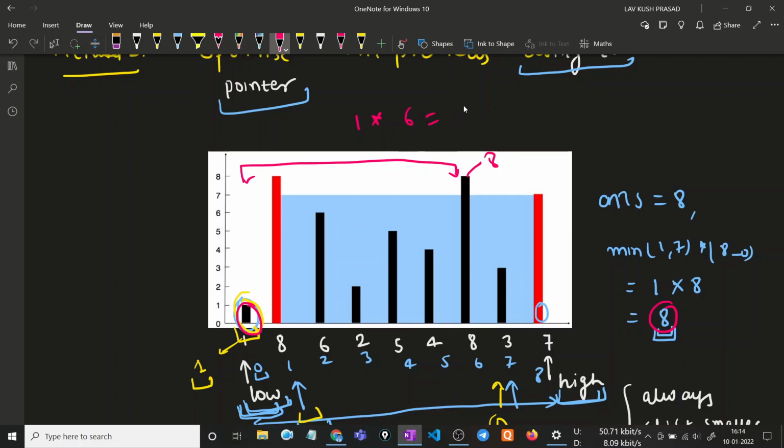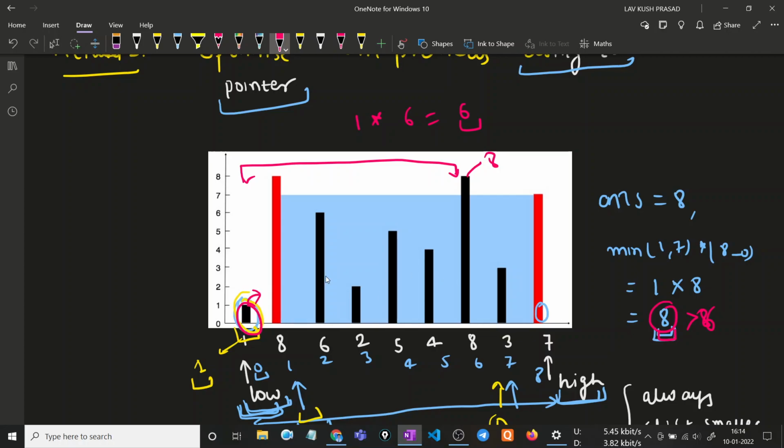So here the area is 6, which is already less than previously.